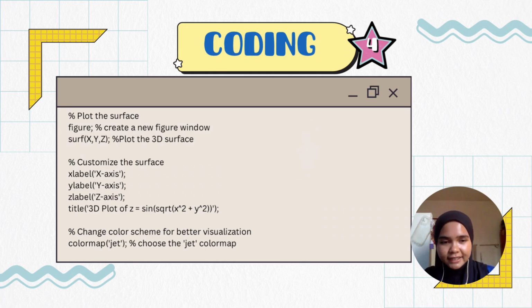And then I put a title for the surface. The title is 3D plot of z equals sine square root of x squared plus y squared. And then I change the color scheme for better visualization, and I choose colormap jet.